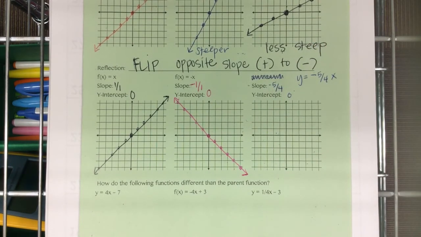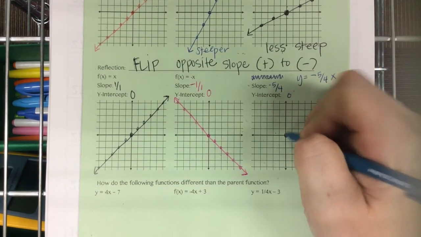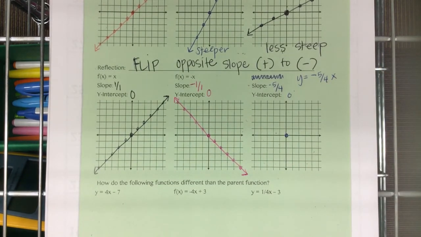Do you expect, before you graph this, is this going to be steeper or less steep? I hear a little bit of both. And I think I hear a little bit of both because you're not simplifying the fraction negative 5/4, right? If it was 5/4, that's really 1.25, correct? Which is larger than 1.